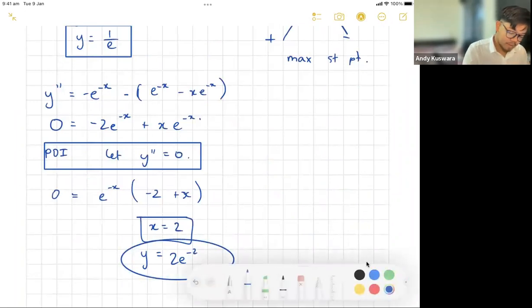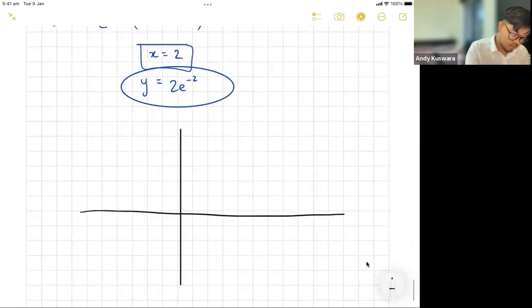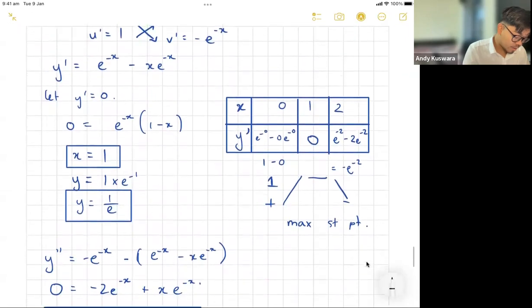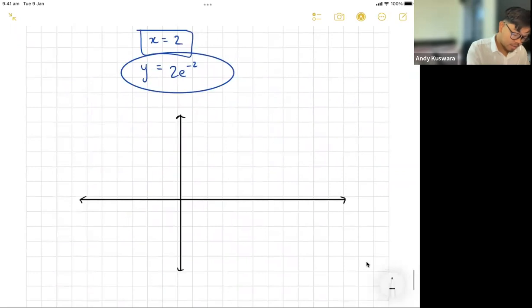Okay, so now putting everything together. Now we have a stationary point at 1 and 1 on e. So that's 1, 1 on e will be there. Let's say that's 1 on e.